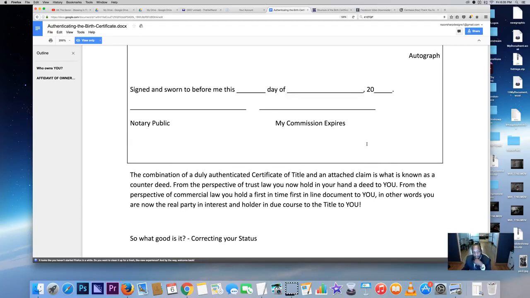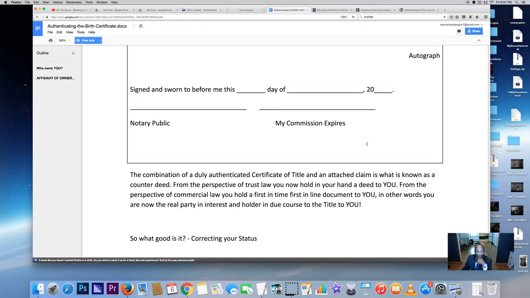The combination of the duly certified certificate and the attached claim is what is known as a counter deed. From the perspective of trust law, you now hold in your hand a deed to you, in which you have a lawful interest. From the perspective of common law, you hold a first in time, first in line document to you.